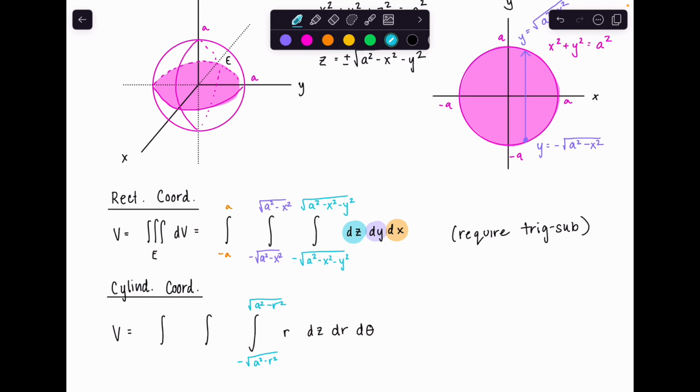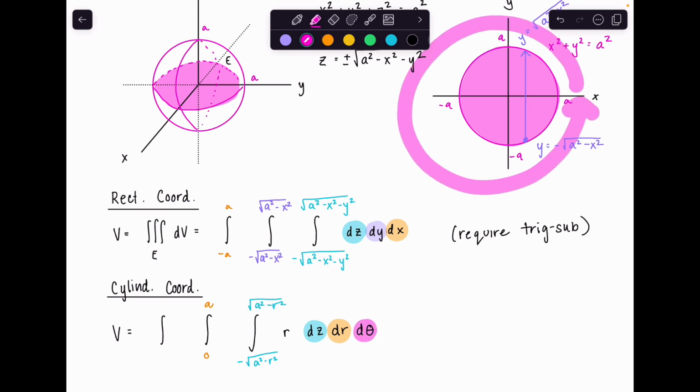Okay. And then I'm using my circle, so in terms of my radius, it's just going out from 0 to a. So my r bounds are exactly that. Let's use orange for that. 0 to a. So z bounds are in blue, r bounds are in orange, and then finally theta bounds, we need to go completely around the circle.